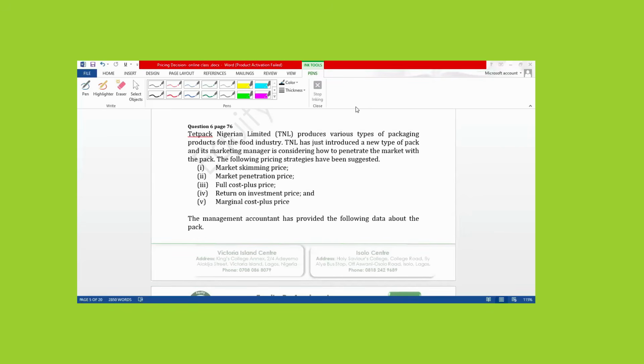For you to charge a low price, you must be able to produce that product at a lower cost. Yes, competition is high, but you cannot charge a low price if your production cost is high.